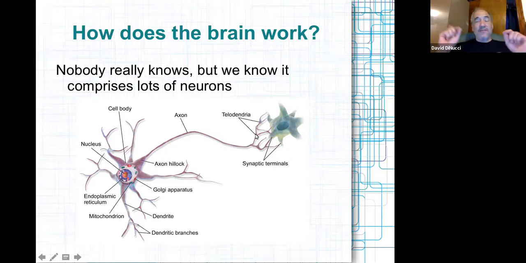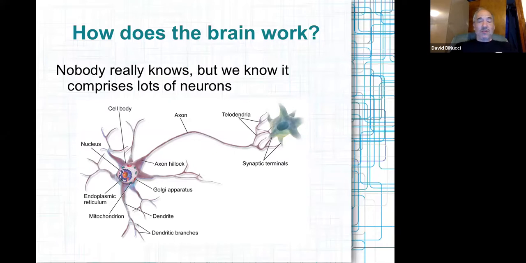Or it might be a very loose connection, and it might barely affect the downstream neuron at all. Or it can even be an inhibitory connection, which would actually, if something goes down this axon from this neuron, the next neuron might actually be inhibited from being excited by that impulse.